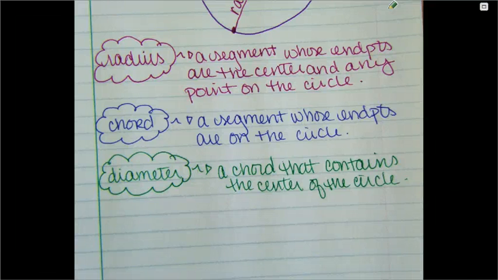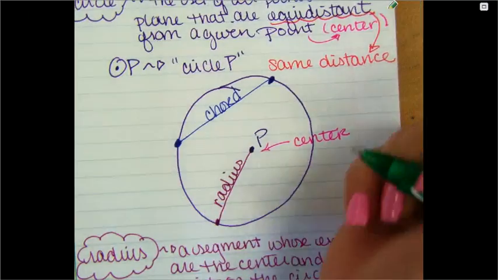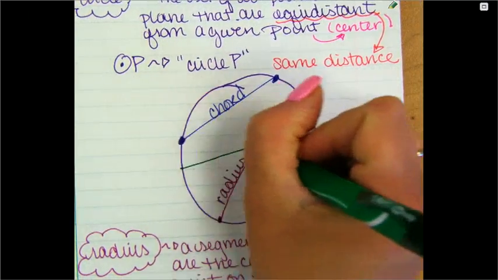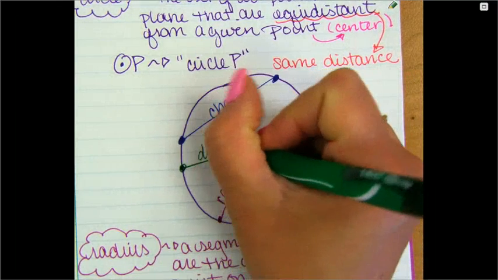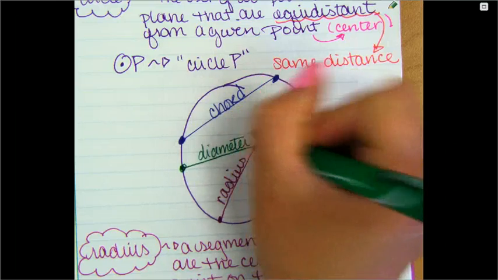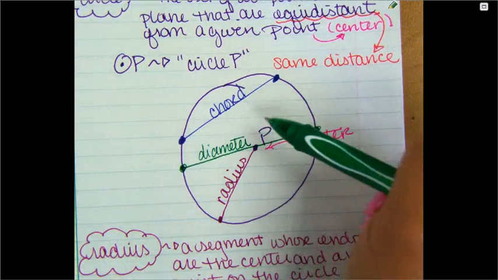It's a chord that contains the center of the circle. Back up to the top. Here's your diameter. The diameter can go any which way as long as it goes through the center.